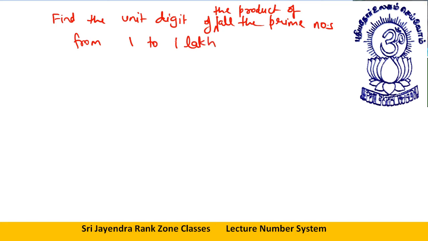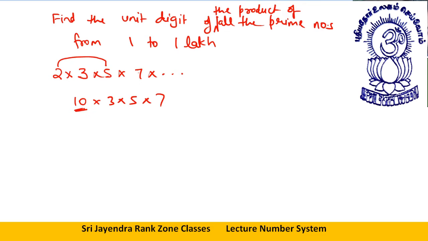We don't have any time to calculate from 1 to 1 lakh. But the moment we start solving this question, we'll start with 2, 3, 5, 7, and so on. The moment I see a 2 and a 5, it gives me a 10. 10 multiplied by anything will give me a unit digit 0. Okay, I hope things are clear.